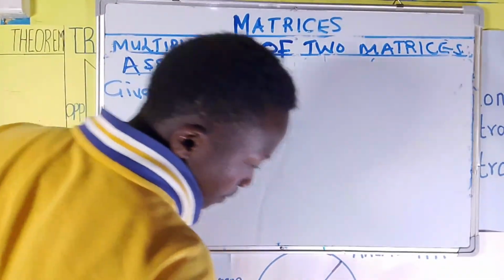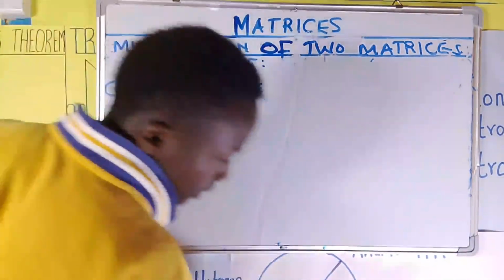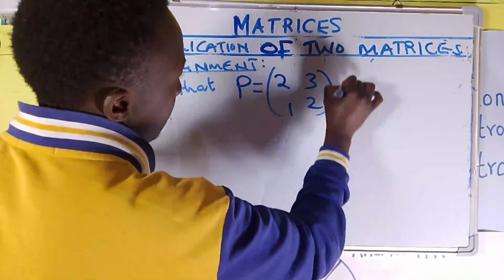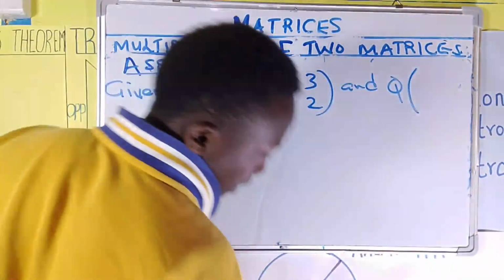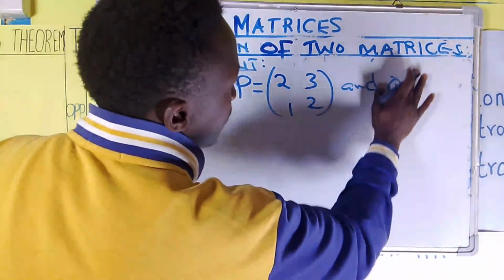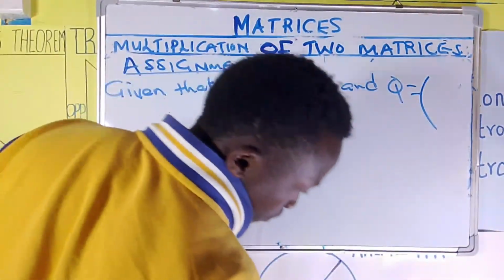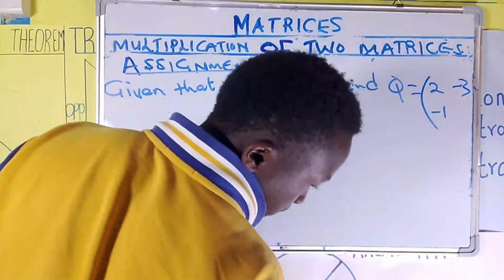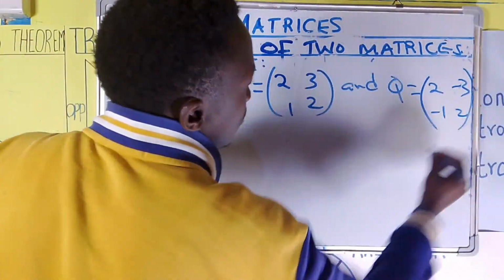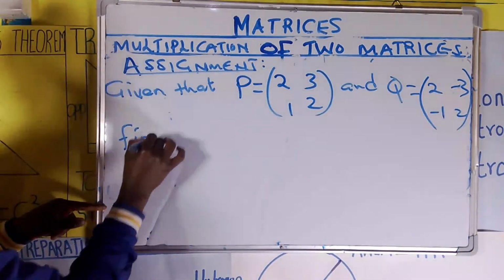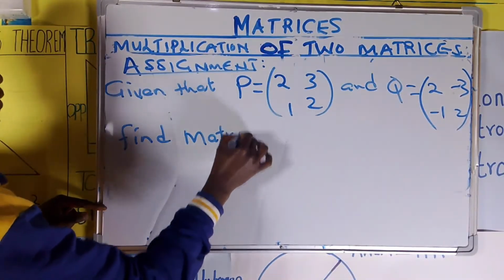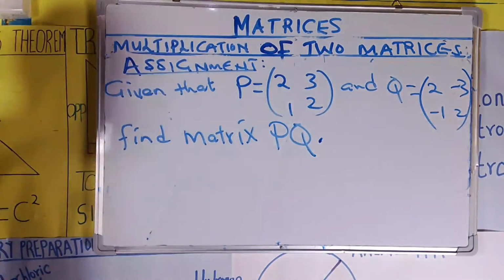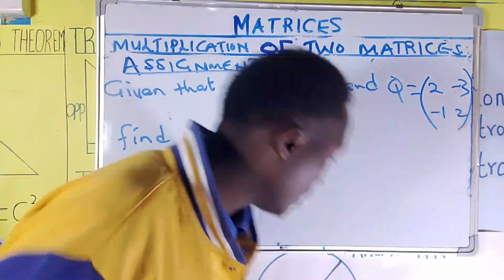Given that P is equal to 2, 3, 1, 2 and Q is equal to 2, negative 3, negative 1, 2, find matrix PQ. Find matrix PQ. Do that, 3 marks.